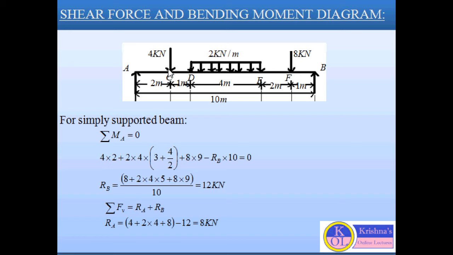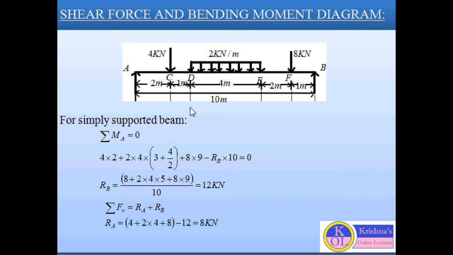Now the 4 kilonewton load at point C: the force is 4 kilonewton, and the distance is 2 meters, so the moment will be 4 into 2, plus another load, 2 kilonewton per meter. This is a uniformly distributed load, so it will be 2 into whatever distance it covers.